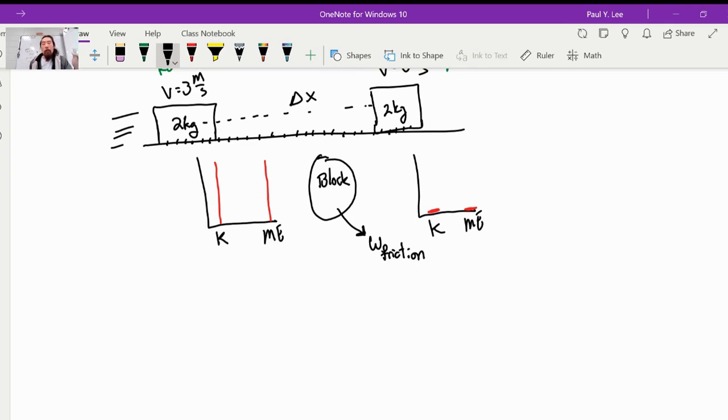Now, the energy bar charts will help us out when it comes to our formula. The left-hand side of the formula comes from the variables here, this KE, and the right side of the formula also comes from this KE.